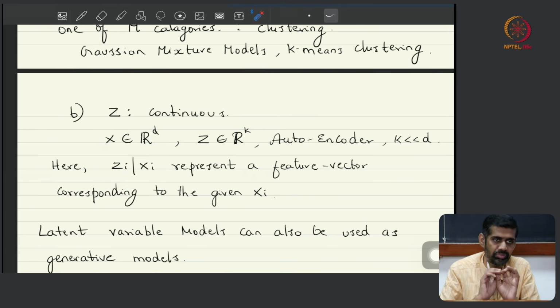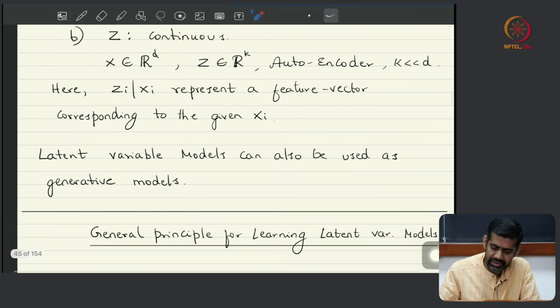So, z_i given x_i is what is called an embedding. There are standard models with which you can get embeddings for images and text and so on. Last class, when we talked about FID as a metric to evaluate a generative model, the vectors that we get from a pre-trained model can be seen as embeddings. That model can be seen as a latent variable model.